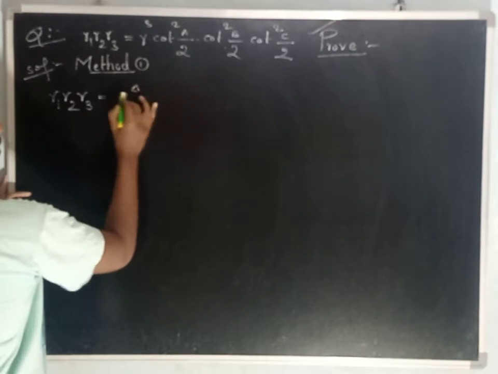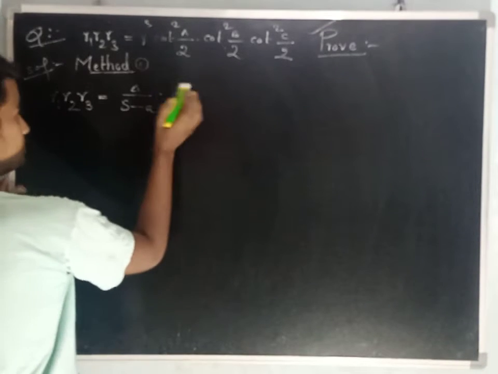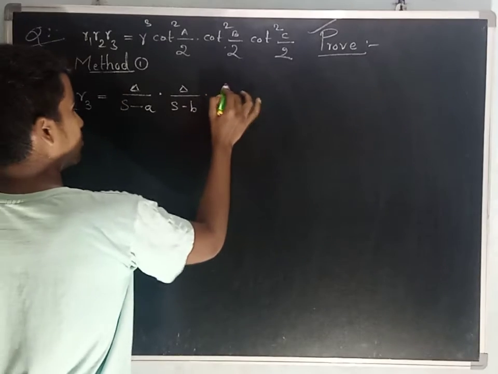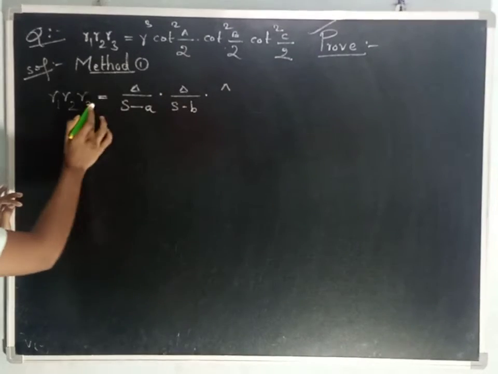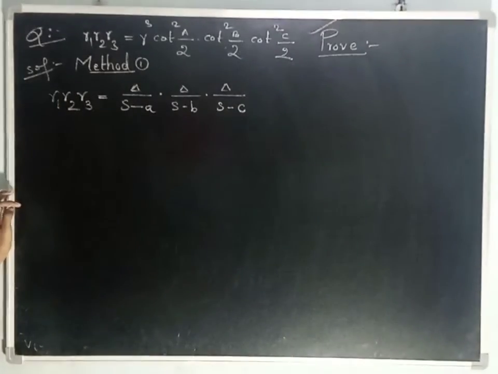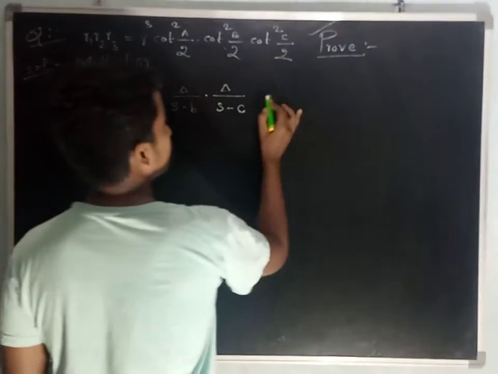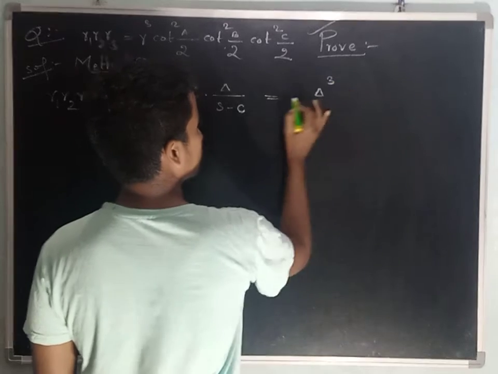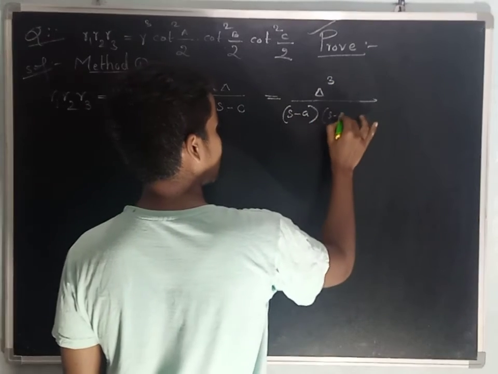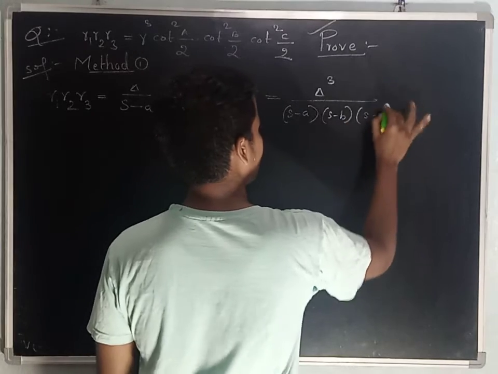R1 is equal to delta by S minus A, R2 is nothing but delta by S minus B, R3 is nothing but delta by S minus C. Okay? It is equal to delta cube by S minus A into S minus B into S minus C.